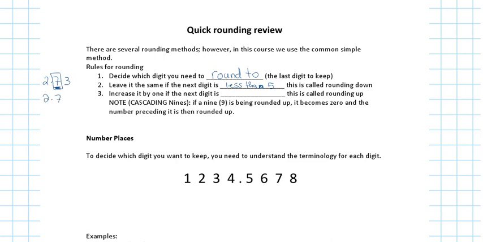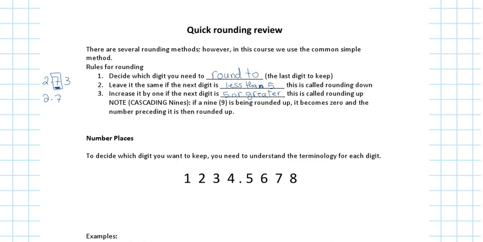Increase it by 1 if the next digit is 5 or greater. So in this case, even if it's just 5, you're still going to round up. That's 5 or greater, and this is called rounding up.